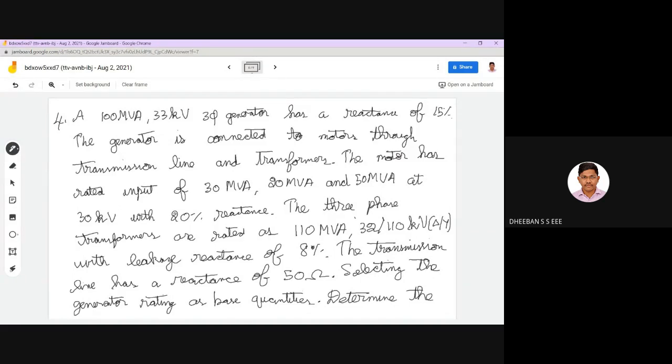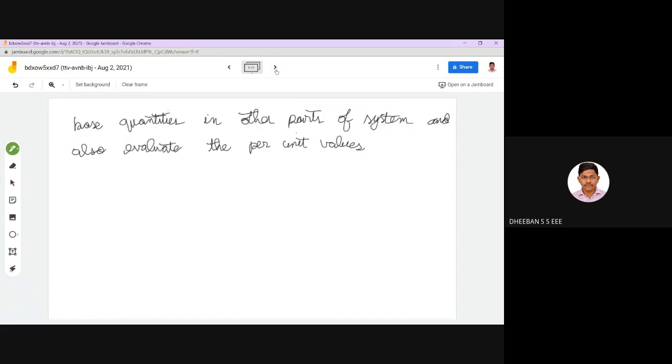Okay, so here you can see. So we'll be drawing the diagram, so you'll be getting a clear idea. So first we'll be starting from the source side. So it will be your generator, rated with 100 MVA, comma 33 kV. So the reactance value is 0.15.